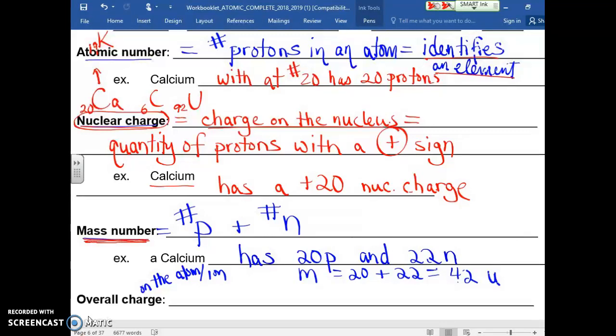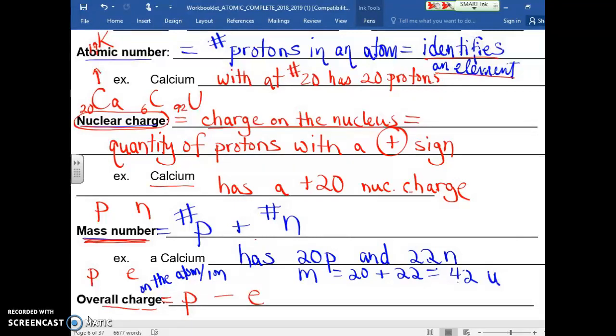By comparison, well, let me take a step back. When I ask about the mass number, I am looking at the particles that have mass, protons and neutrons. If I'm looking at the overall charge of the whole atom, I'm going to look at the subatomic particles that are charged: protons and electrons. But whereas I added the protons and neutrons to get the mass number, to get the overall charge, I take the difference. From the number of protons, I'm going to subtract the number of electrons.